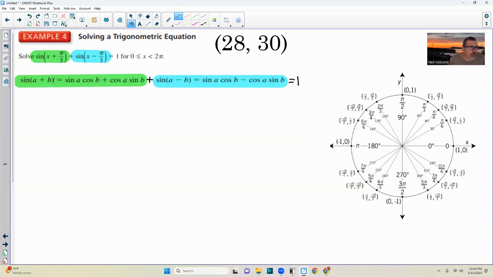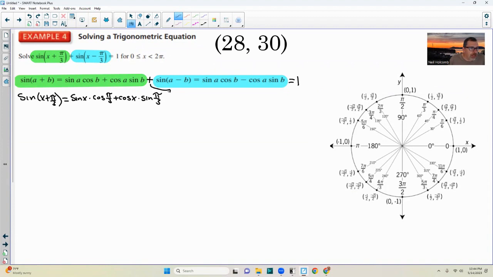And now we just have to substitute in. So now a is x. So the sine of x plus pi over 3 equals the sine of x times the cosine of pi over 3 plus the cosine of x times the sine of pi over 3.